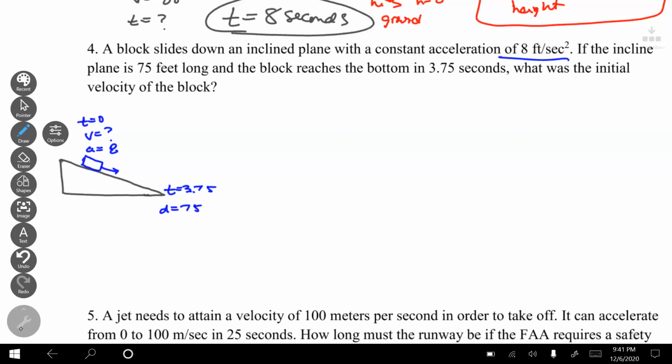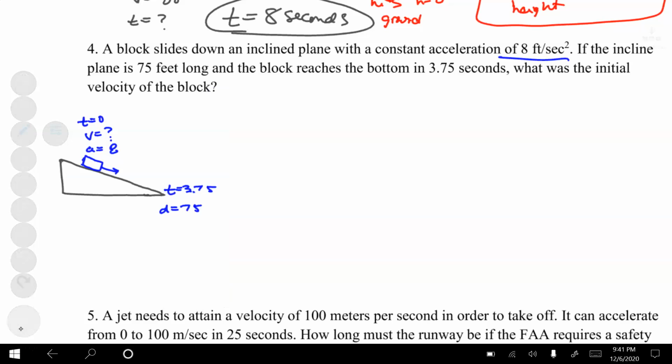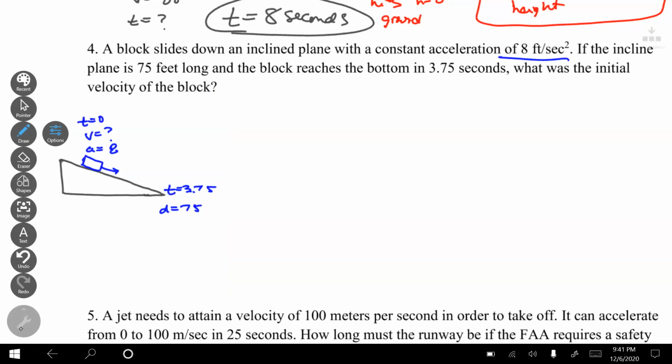So for this next problem, I have this inclined plane with this block, and at t equals 0, I don't know the velocity. I know acceleration is 8 because that's given to me. I know its distance traveled is 0. But then I do know that at 3.75 seconds later, it's gone 75 feet. So a is equal to 8.